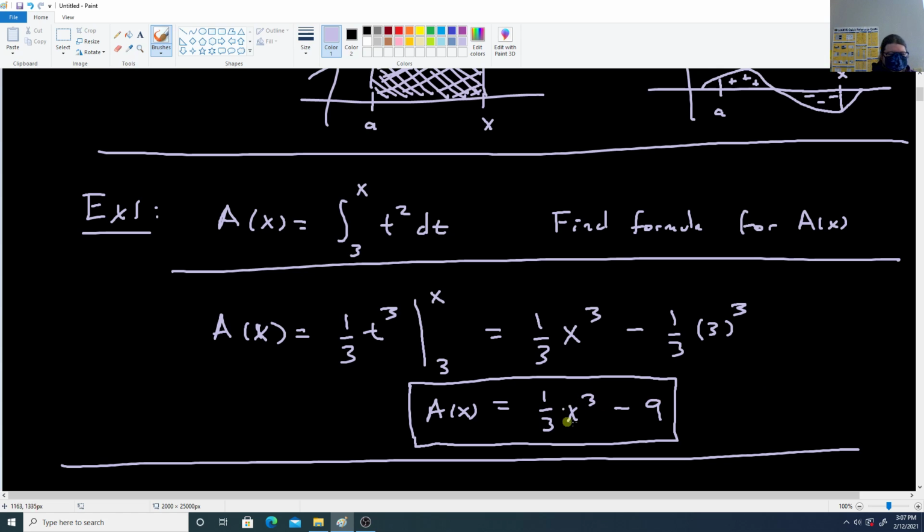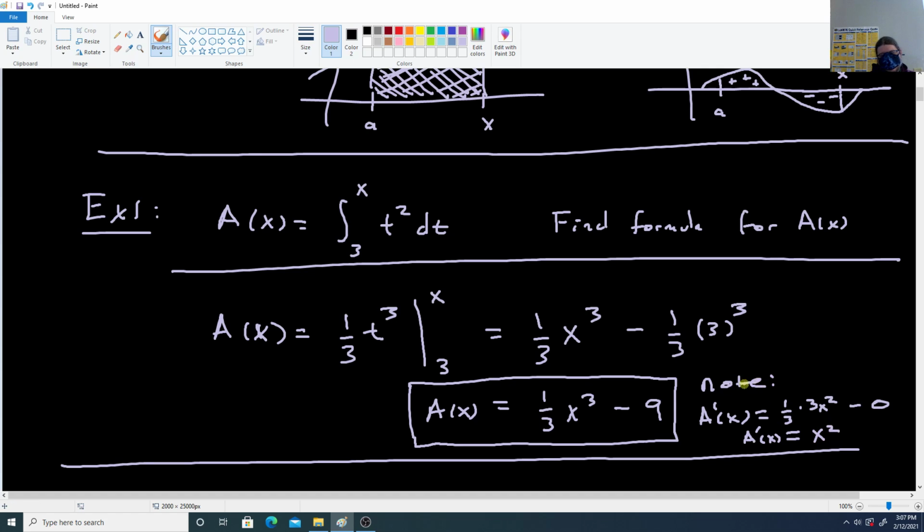And we can note the derivative of this does go back to x squared, which is the same form. If we did A prime of x, that would equal 1/3 times 3x squared, and then minus 9 would just go to minus 0. 1/3 and 3 cancel, so A prime of x would just equal x squared.